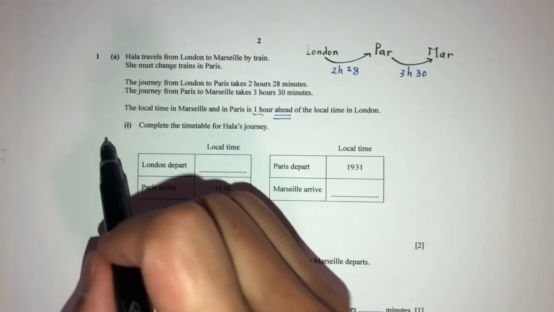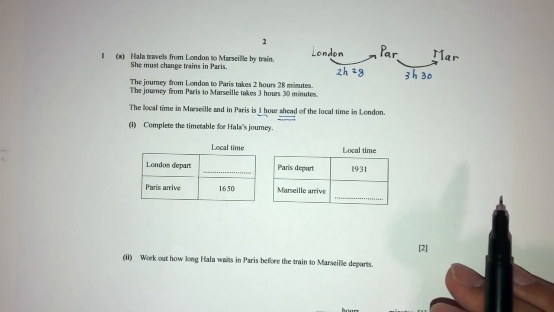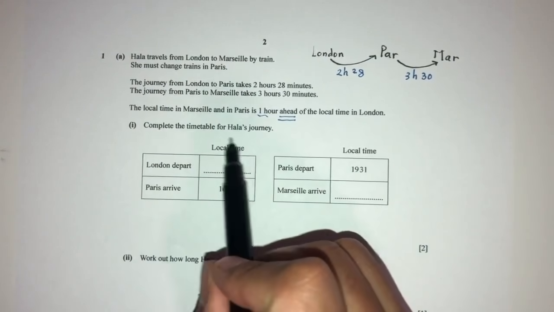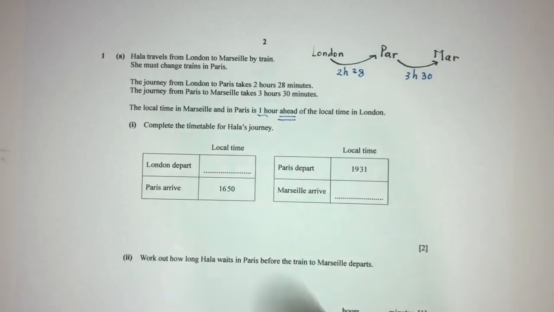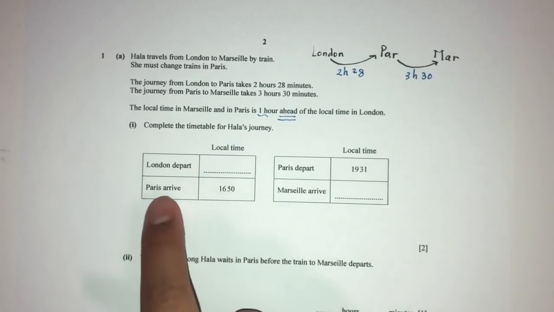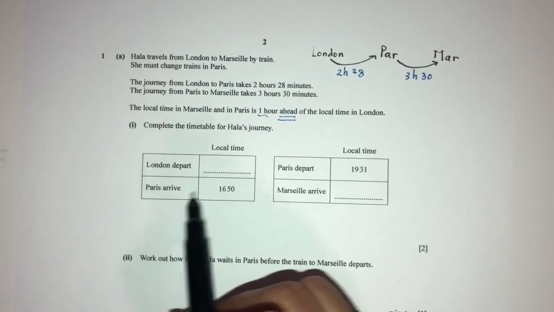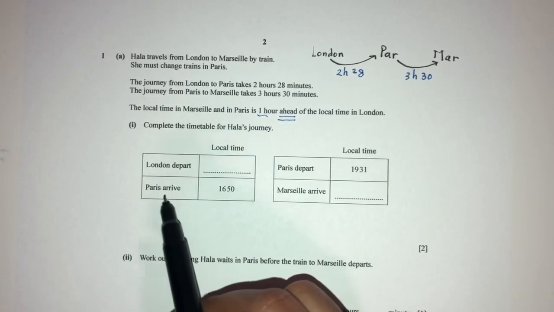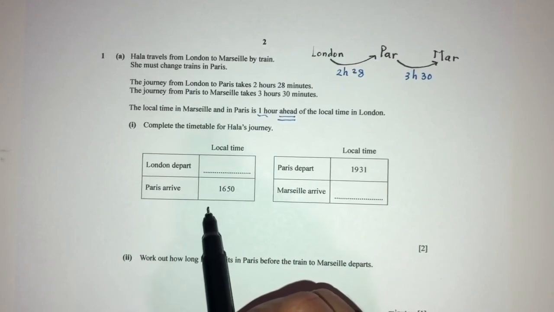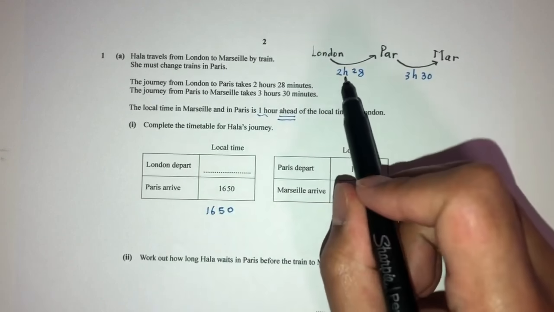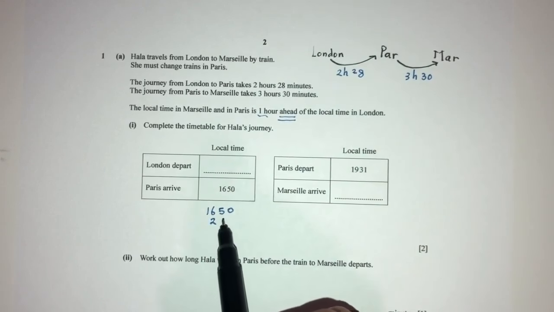Okay, part 1. Now we have to complete the timetable for Hala's journey, the local time here in London and in Paris. So if she arrived in Paris at 16:50, we do know that the time taken to arrive is 2 hours and 28 minutes.